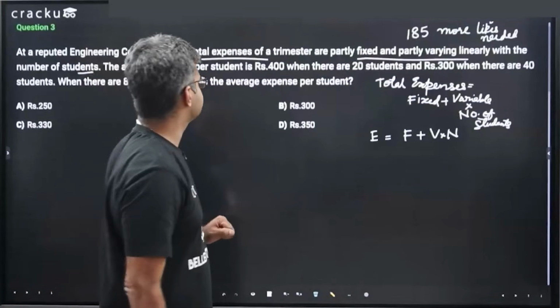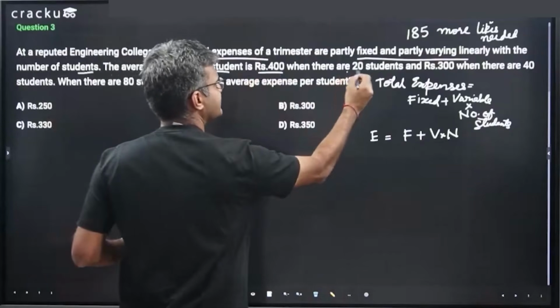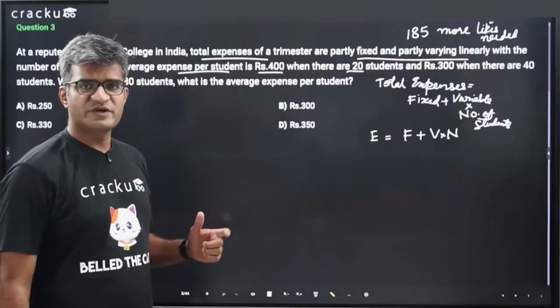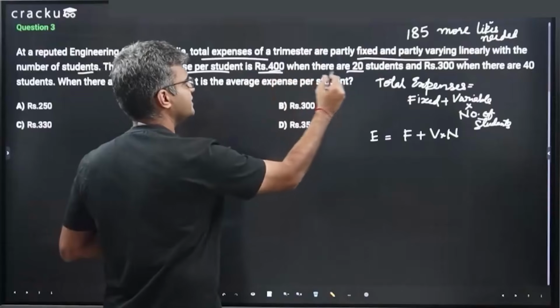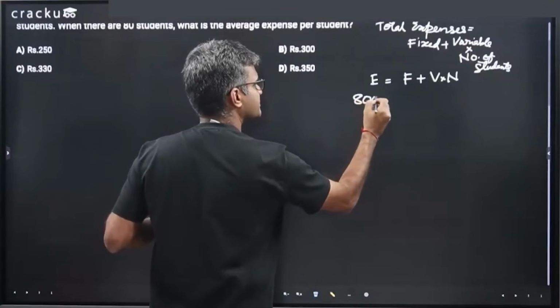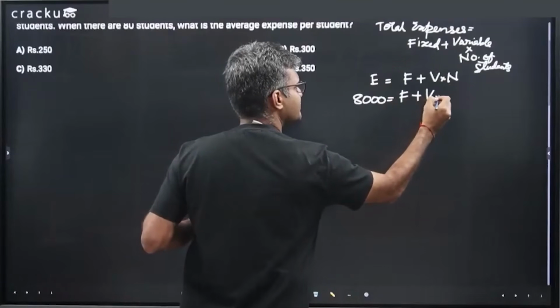We are told that the average expense per student is 400 when there are 20 students. If the average expense is 400 when there are 20 students, what is the total expense? The total expense will be 400 into 20, which is 8,000. So 8,000 is equal to the fixed amount plus variable into 20.